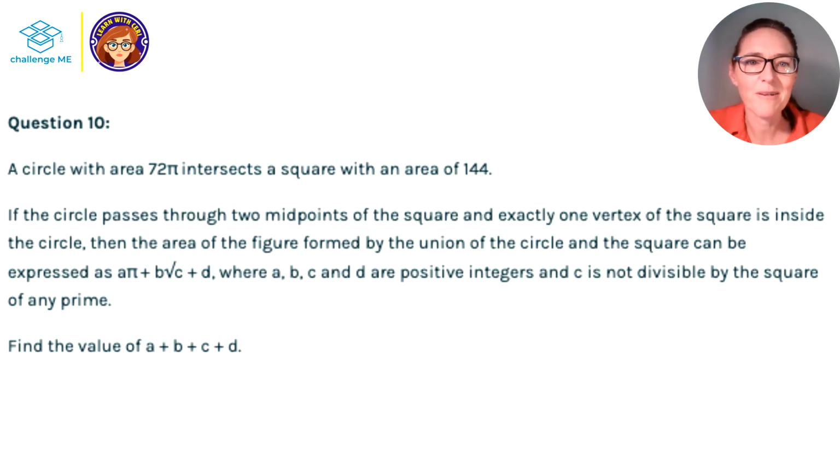Let's have a look at question 10. Tricky one, this one. A circle with area 72 pi intersects a square with an area of 144.